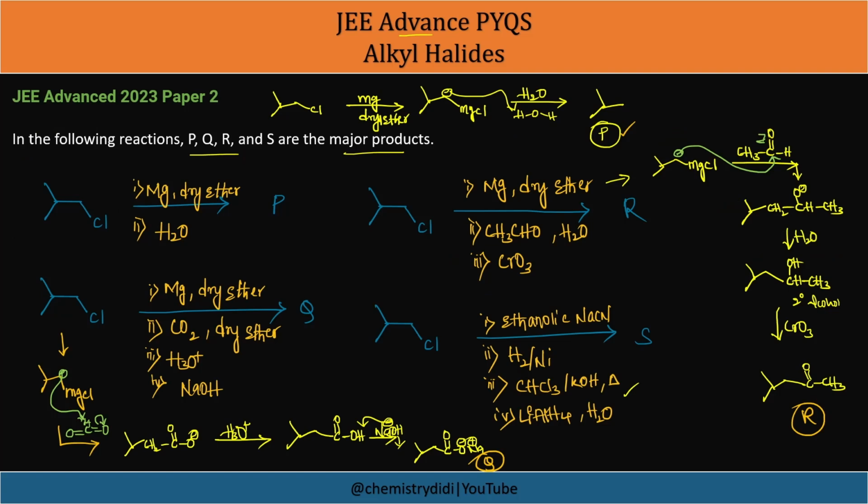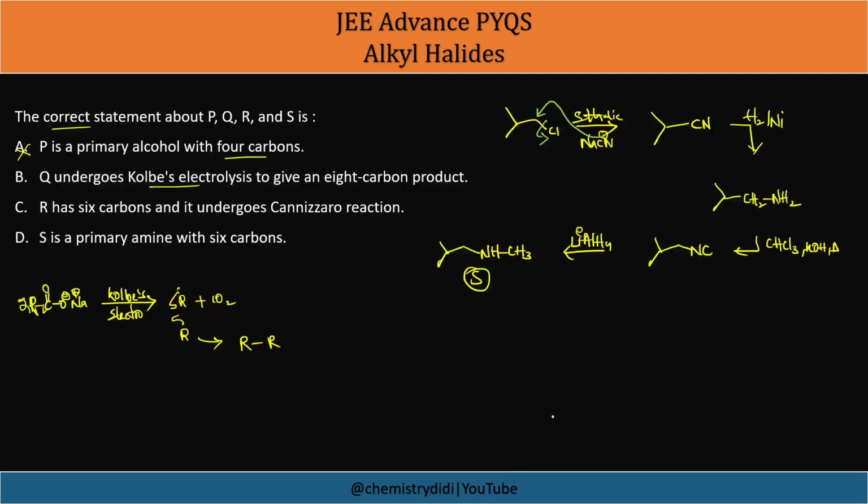And what we have got here, Q, is this. Let's see, after doing Kolbe electrolysis, do we get an 8 carbon product or not? So here we have this C double bond O negative Na plus. We are doing Kolbe electrolysis, so it will form a free radical over here.